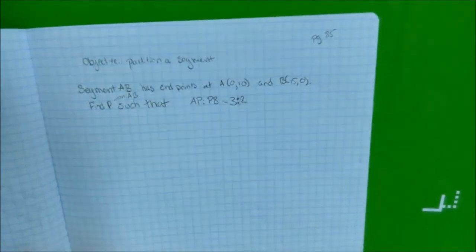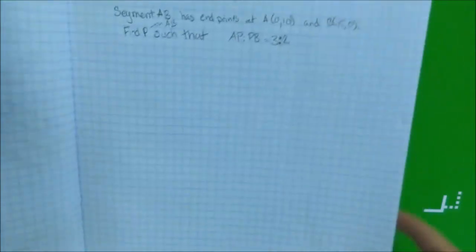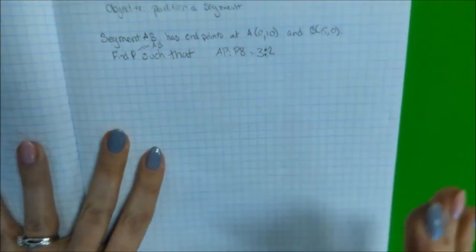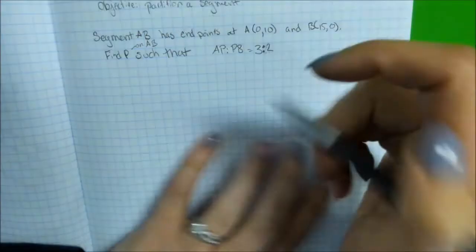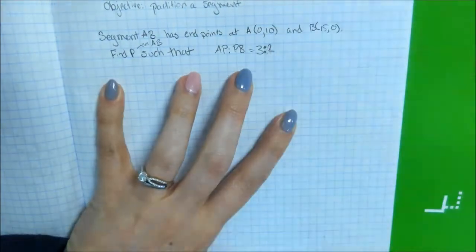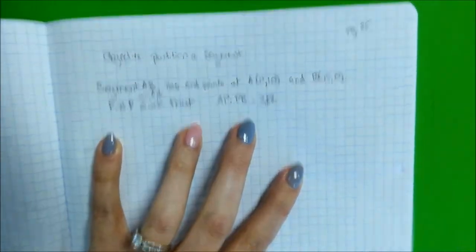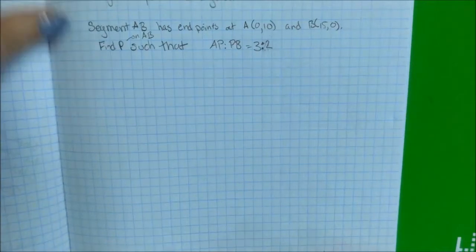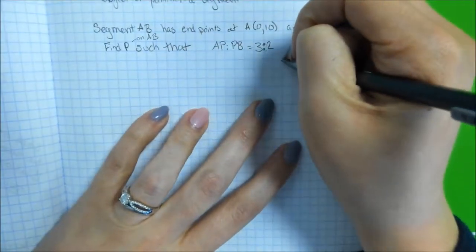Okay. So here's how we're going to do it. We're going to graph this. The best way to look at it is to graph it. Okay. So I'm going to go ahead and make my graph here. I'm going to make a graph of what's going on here.